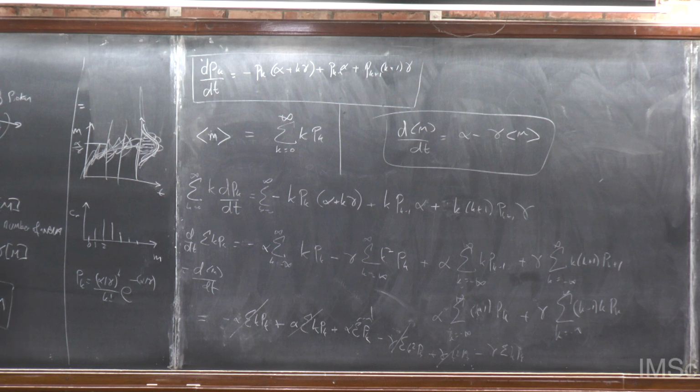And maybe I'll just mention it for those of you who are wondering. If all the terms here are either constants or they depend linearly on the variable, there are no higher powers, then the equation for the expectation value would be exactly equal to the traditional chemistry equation. But if for some reason you get some m squared term, somehow it's a bimolecular reaction for mRNAs decaying or something like that, right?